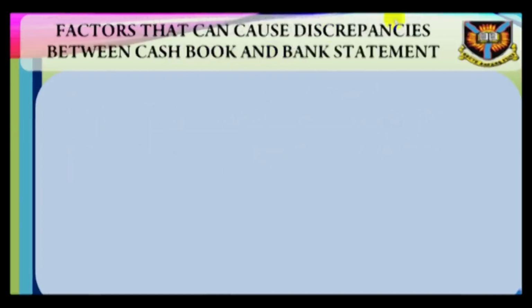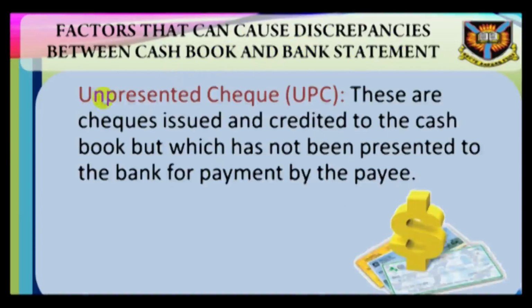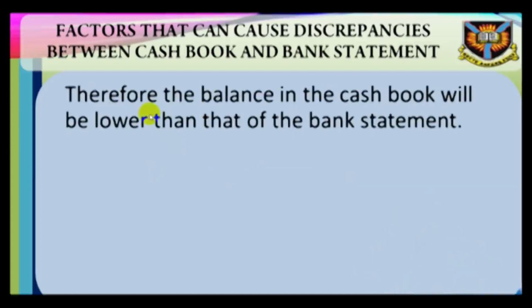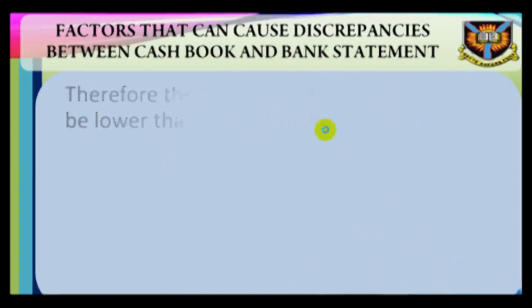Factors that can cause discrepancies between the cash book and bank statement. 1. Unpresented check. These are checks issued and credited to the cash book but which have not been presented to the bank for payment by the payee. Therefore, the balance in the cash book will be lower than that in the bank statement. 2.